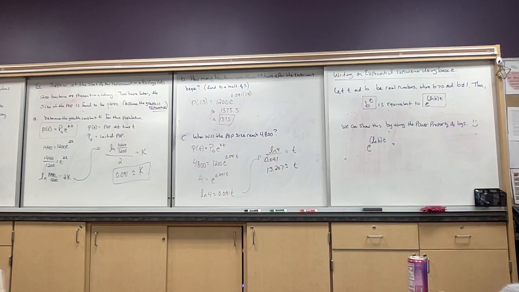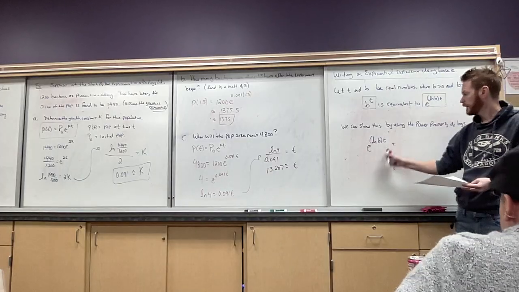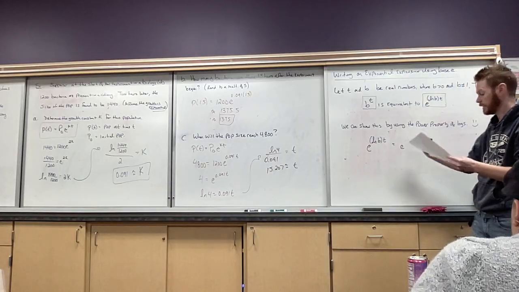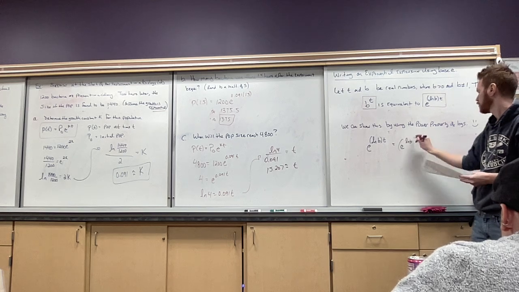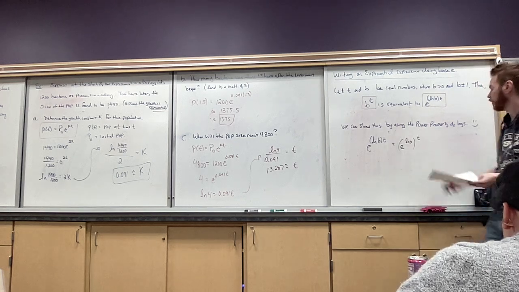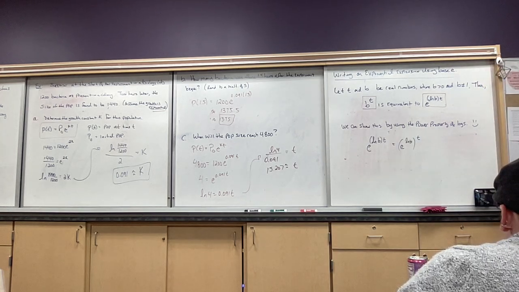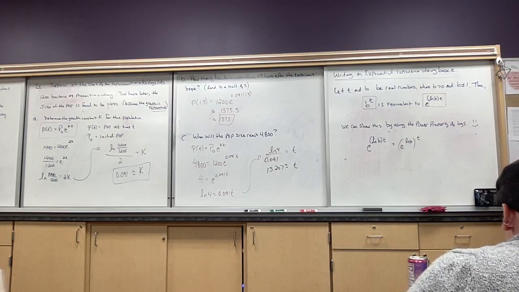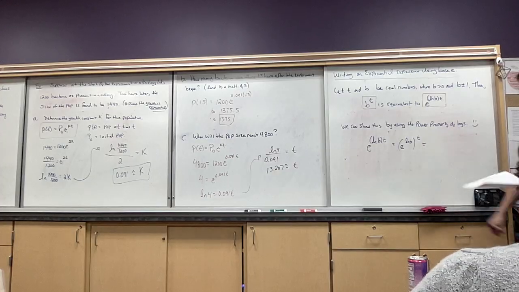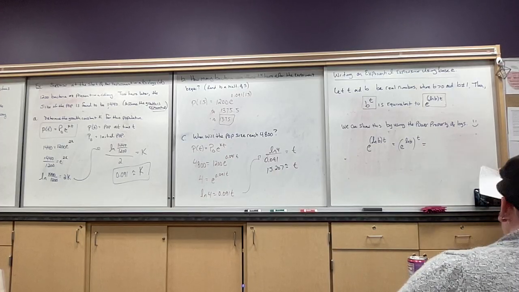Now, a little bit of manipulation with the exponent. I could rewrite this as e to the natural log of b, raised to the t power. That's equivalent, because power to power, you multiply, so I get the original. I didn't change anything, I just rearranged it. Now, think about our rules of logs.